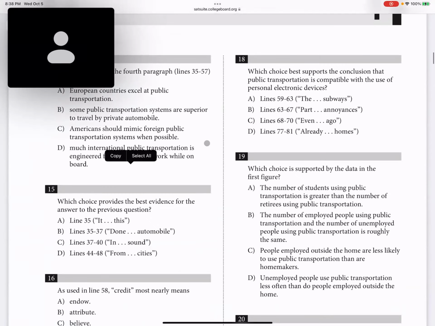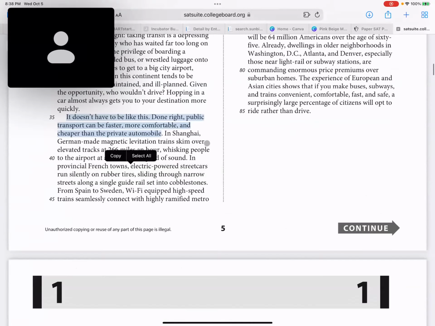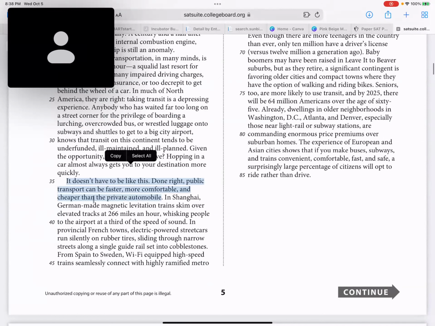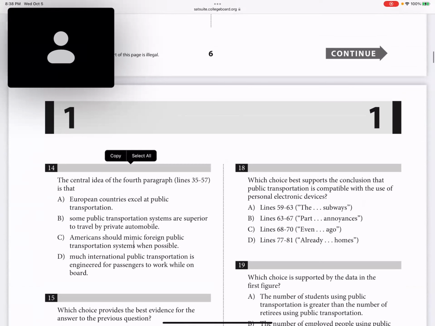Let's see. And actually, that is one of the pieces of evidence. 35 to 37 is one of the pieces, this exact sentence is the evidence for this question. It doesn't have to be like this. Done right, public transport can be faster, more comfortable, and cheaper. So does that support that European countries excel at public transport, or that some public transportation systems are superior to travel by private automobile?